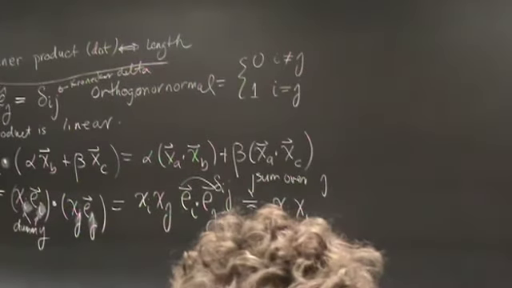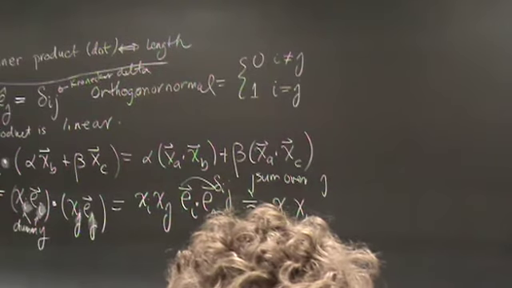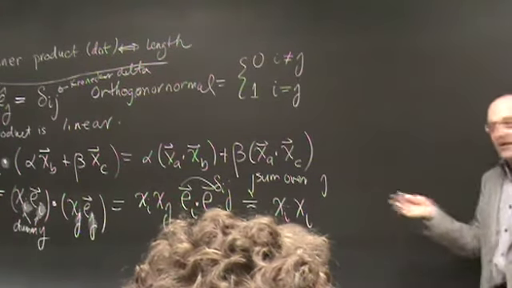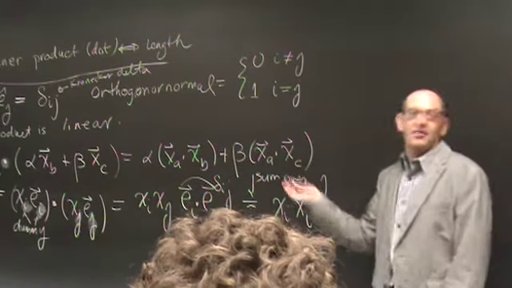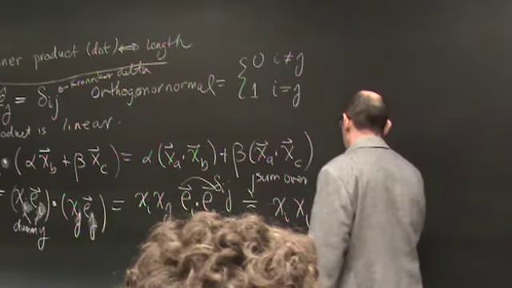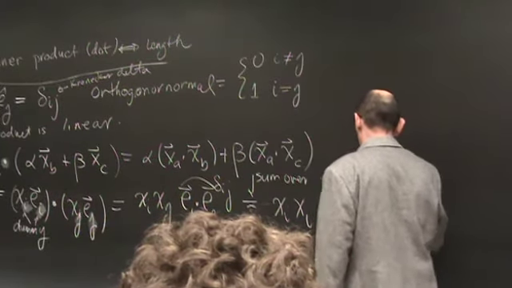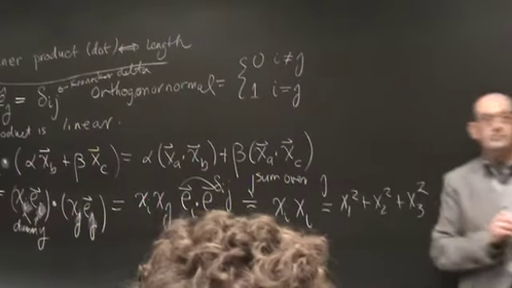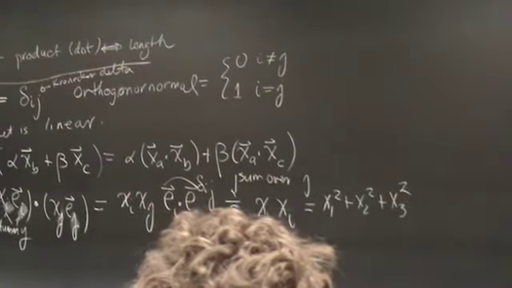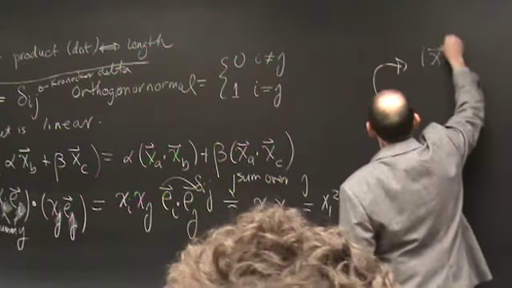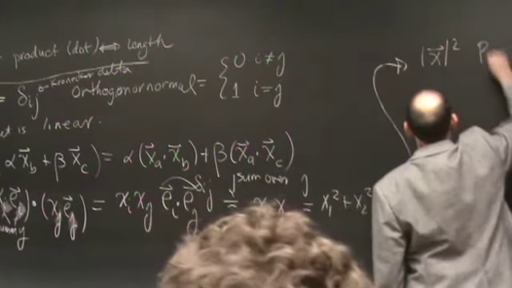This is a very pedantic way of writing something trivial that everyone knows, but just to show you how it all comes out, because we'll get to more complicated examples in a moment. And of course this means the sum of x1 squared plus x2 squared plus x3 squared, which is nothing more than the length of that position vector according to the Pythagorean theorem.